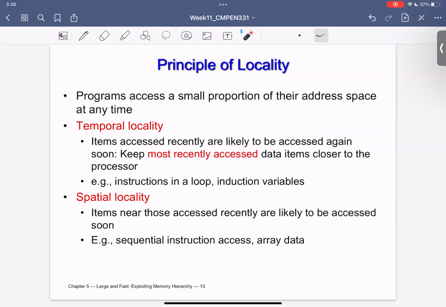Temporal locality means that items accessed recently are likely to be accessed again. So please keep the most recently accessed data items closer to the processor. We didn't understand what that means.